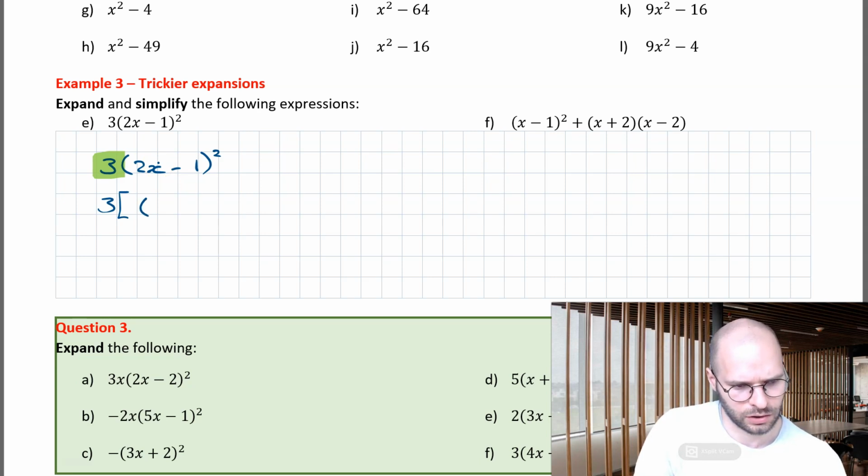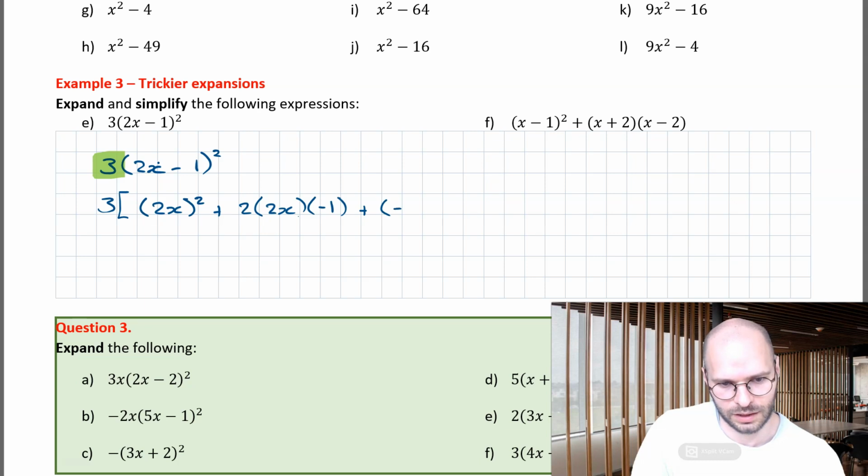And then I'll go 2x squared. Now, because this is a perfect square, I have to go plus double of the product of the 2 terms. So 2x minus 1. And then finishing this off, it's the square of the b, so negative 1 all squared.